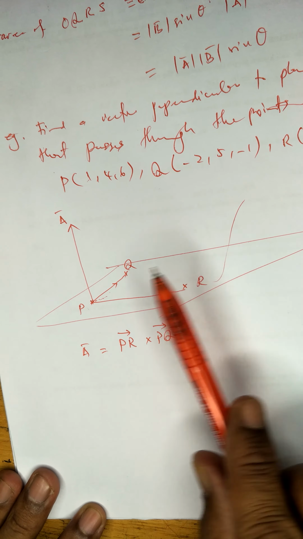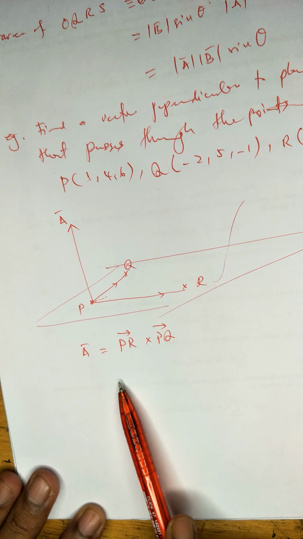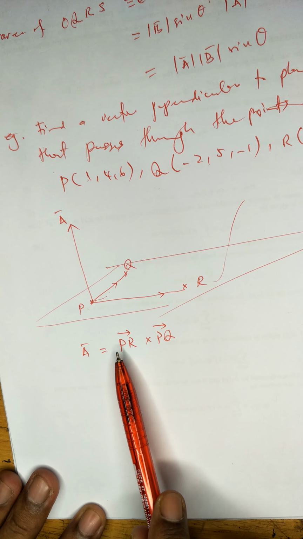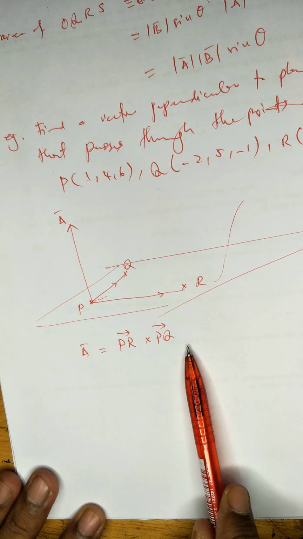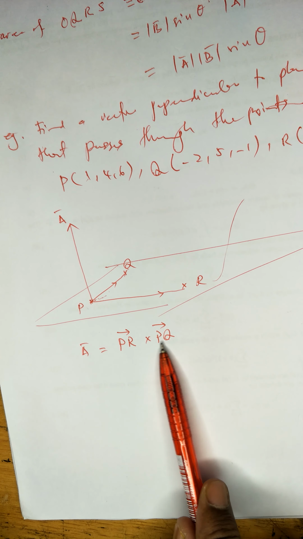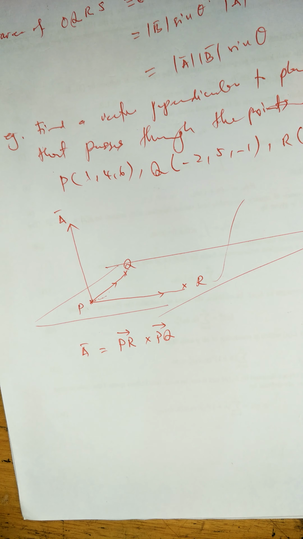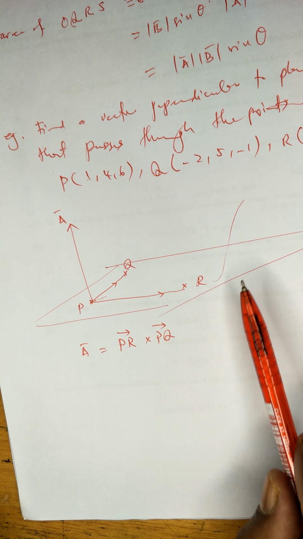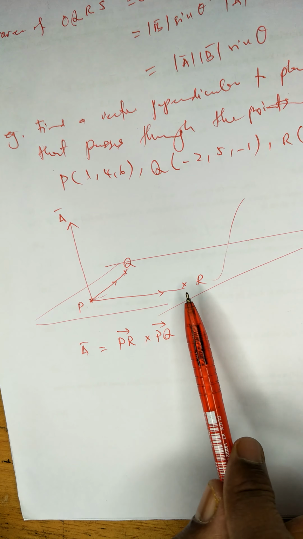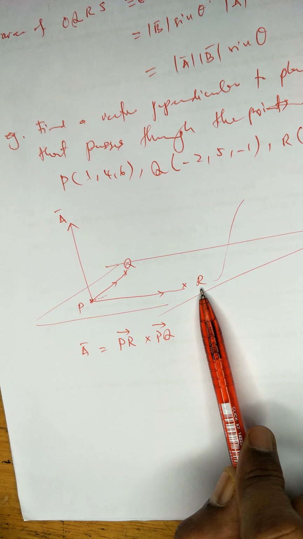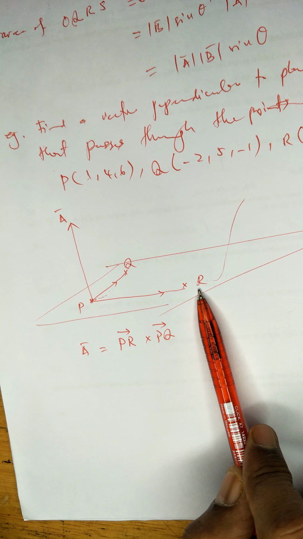Right, perpendicular to the plane. It doesn't matter whether the direction is upward or downward. So you can always use PR times PQ or PQ times PR. Of course, if you use PR times PQ, you get the negative of PQ times PR, but it is still correct. And as I mentioned earlier, if you use Q as a reference point, you get a different vector. If you use R as a reference point, you get a different vector.